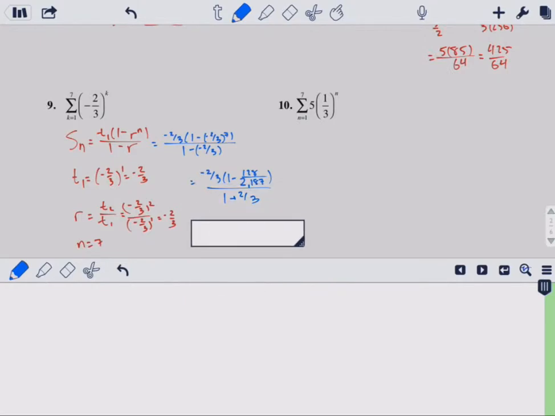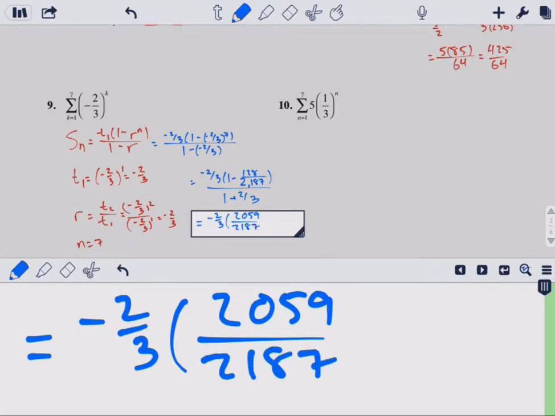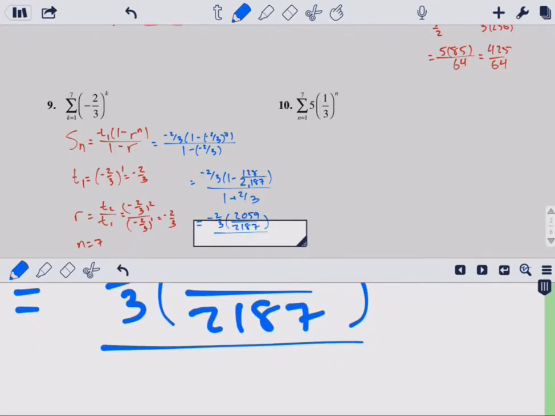That would be a lot simpler to do if I had my TI set up. All right, so negative 2/3 times 2,059 over 2,187 all over 5/3.